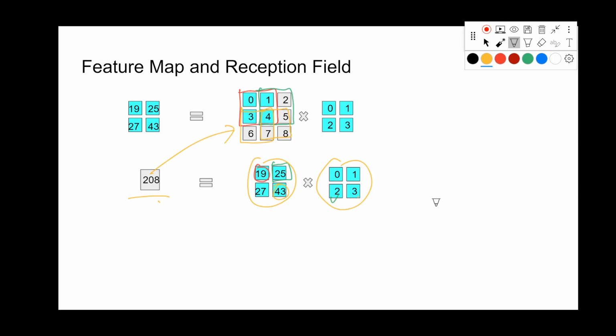So although each 2x2 filter relates to 4 pixels for each output, if we stack 2x2, it becomes a 3x3. This 2x2 and 3x3 is called the receptive field.